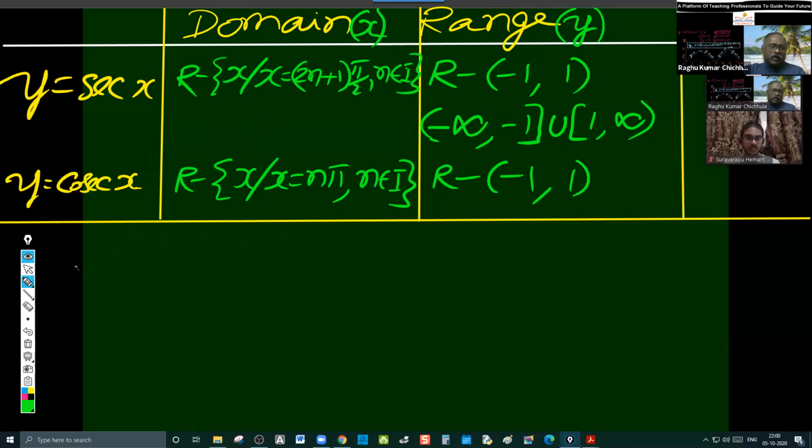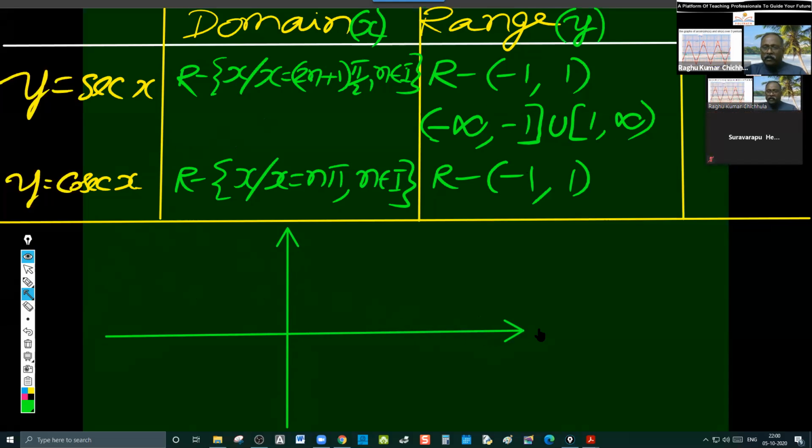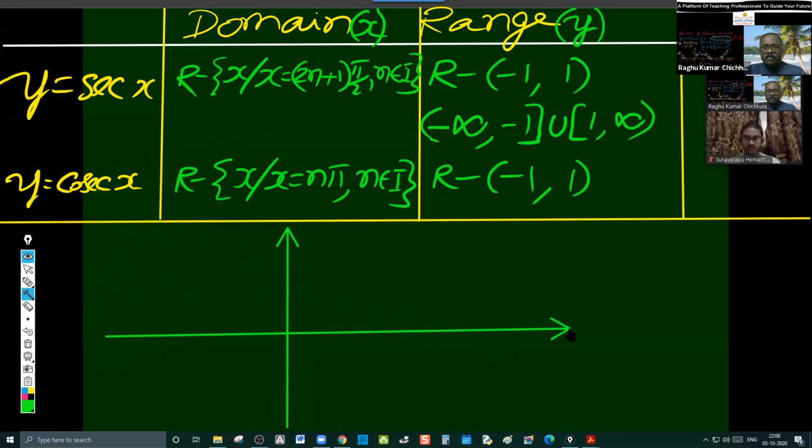What happens in the graph of secant x and cosecant x? They never lie between minus 1 and plus 1. Important point to be noted. That means the graph should either be more than 1 or less than minus 1.